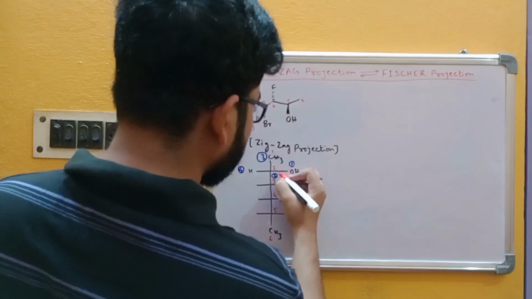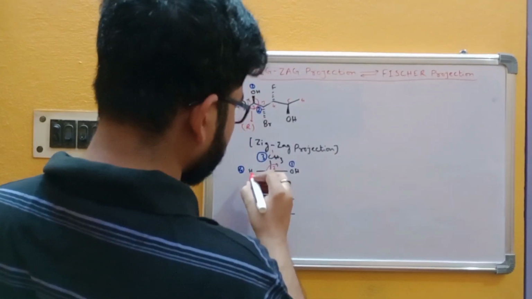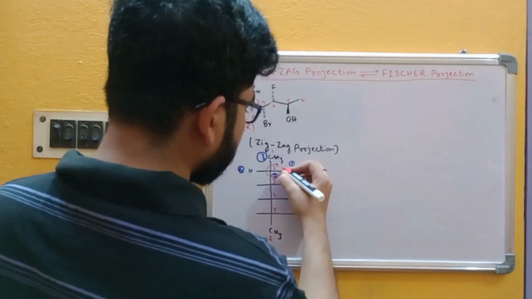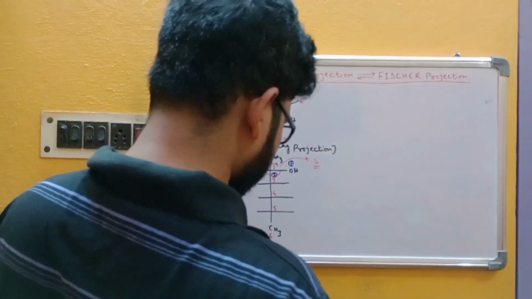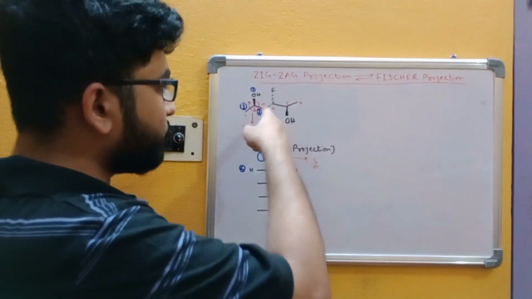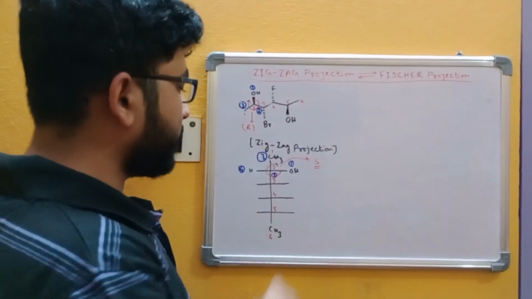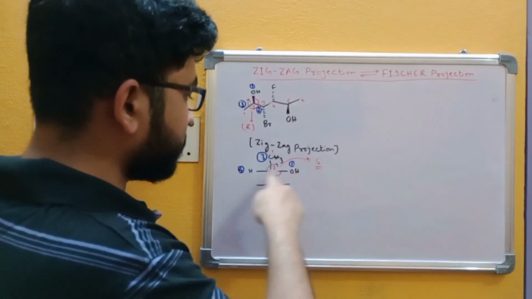So we can see that it's 1, 2, 3. This turns clockwise, but as the least priority hydrogen is in horizontal position, it reverts to S. So here we see that in zigzag projection, the number 2 carbon was in R configuration, but here in Fischer projection it is S configuration. So this representation is wrong.